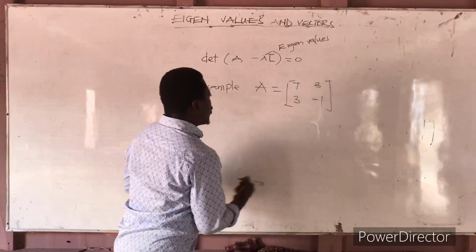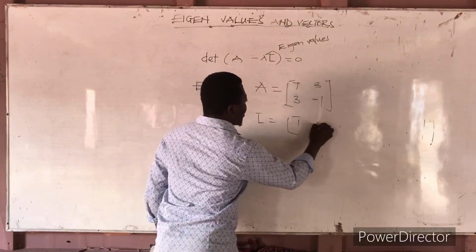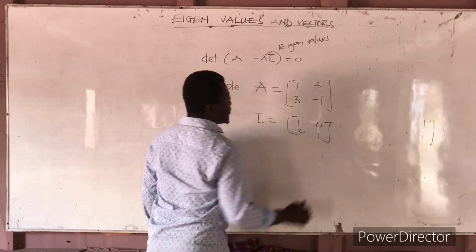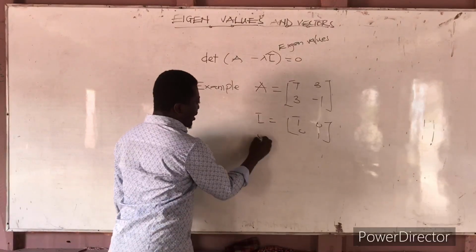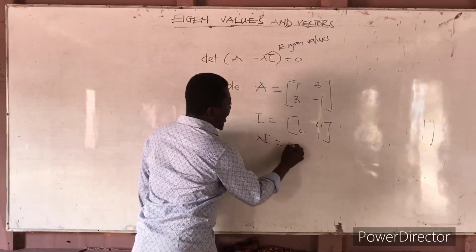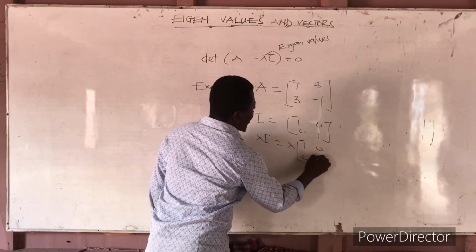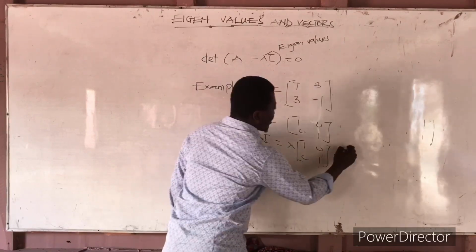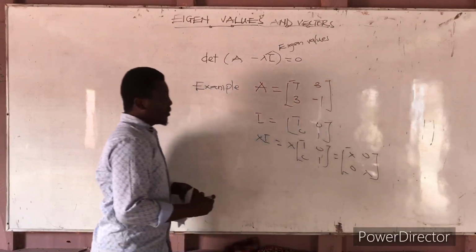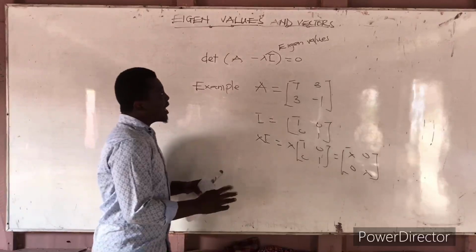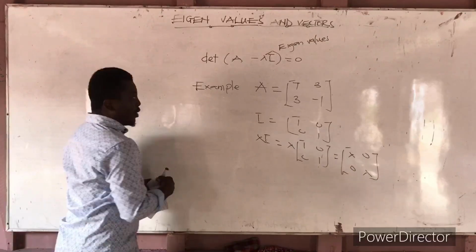The next thing to do is to find the 2 by 2 identity matrix, which is 1, 0, 0, 1. Then you need lambda I, which is lambda multiplied by the identity matrix 1, 0, 0, 1, which gives us lambda, 0, 0, lambda.